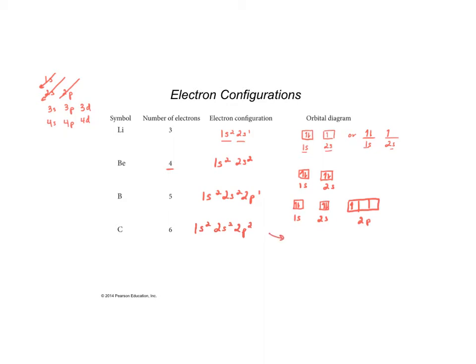And then when I draw that, I'm going to draw my 1s orbital, my 2s orbital, and then my 3 2p's. So this is spin up, spin down, spin up, spin down, 1s, 2s, 2p. Now again, with Hund's rule, we're going to put them in singly first with parallel spins. Okay, once we fill up those first 3, then we'll come back and pair their spins.